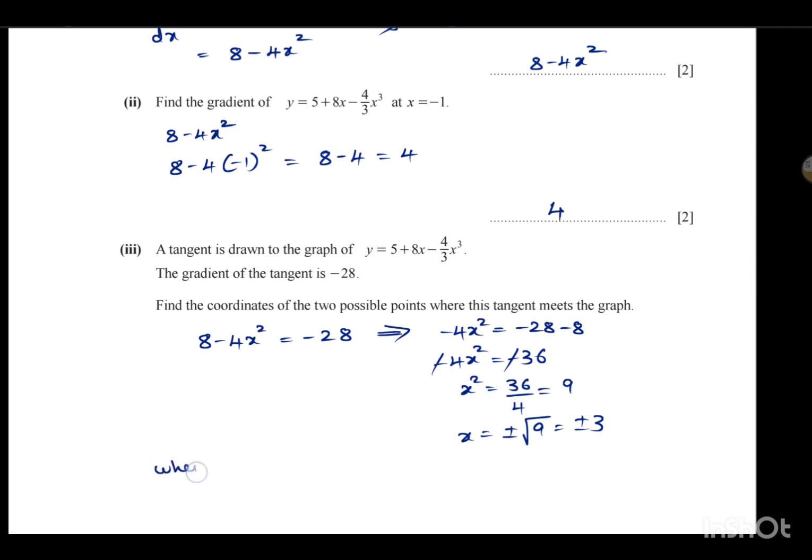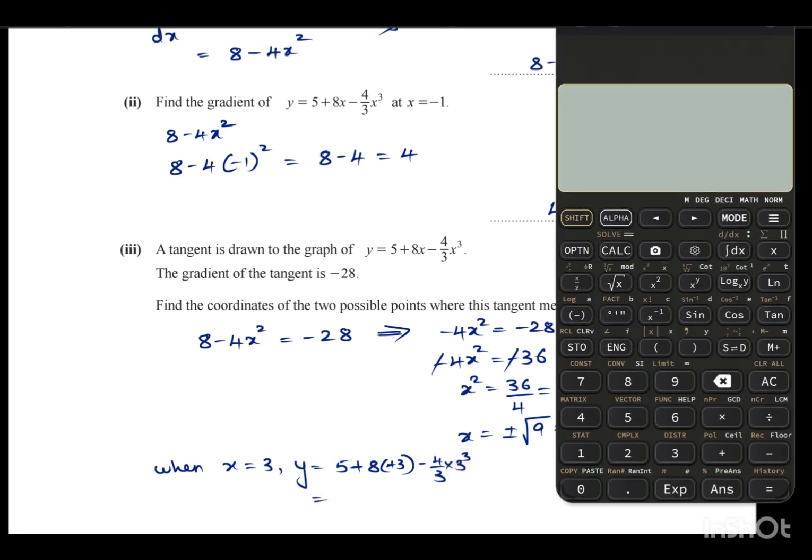So when x is equal to positive 3, y is equal to 5 plus 8 into positive 3 minus 4 by 3 into 3 cube. Find it out in the calculator. 5 plus 8 into 3 minus 4 by 3 into 3 cube is minus 7.